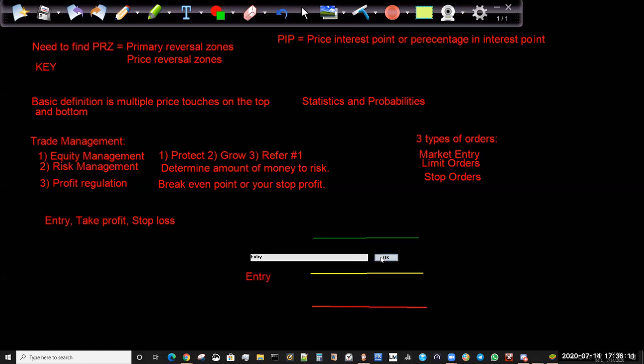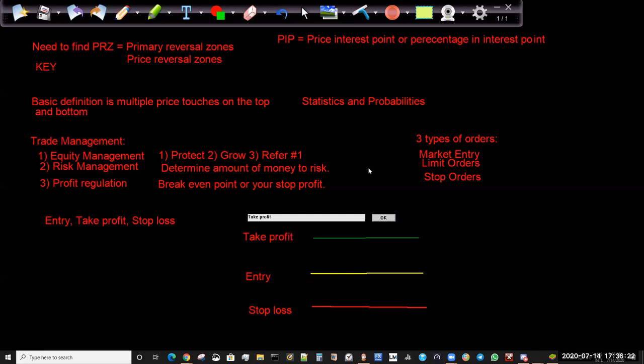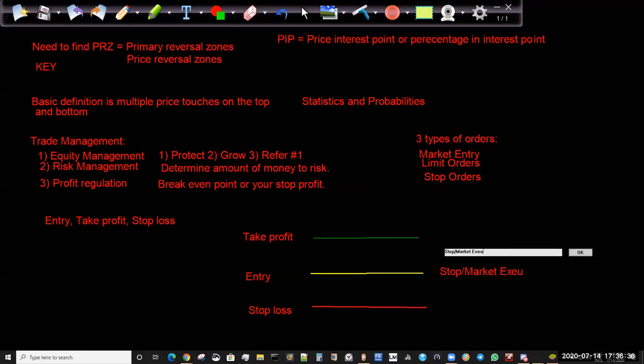Entry, stop loss, take profit. Okay, the entry here for our trade ideas is a stop, but you can also use a market execution, and that is instantaneous.